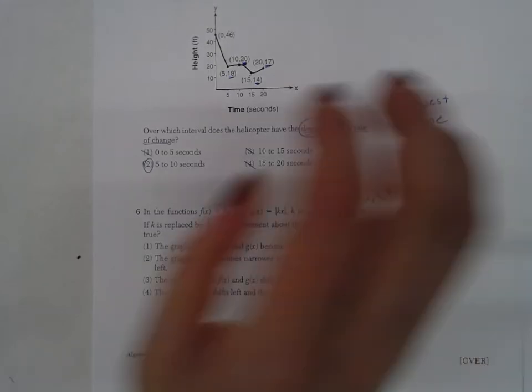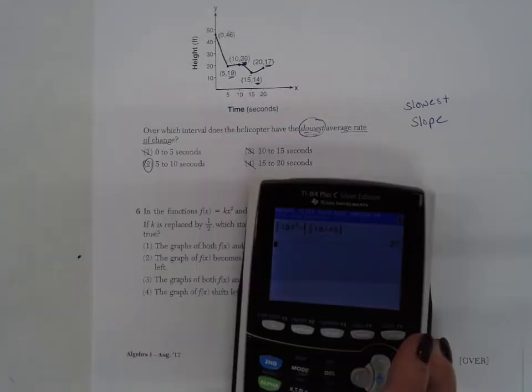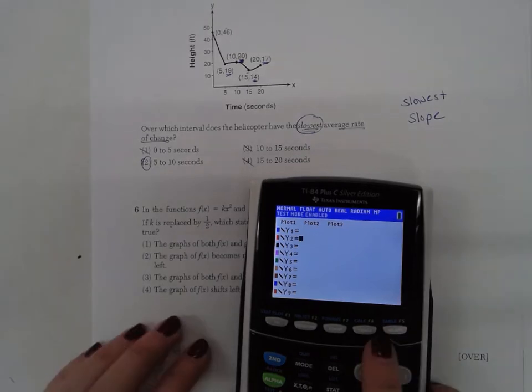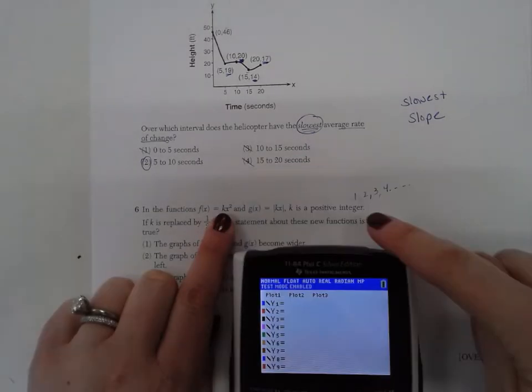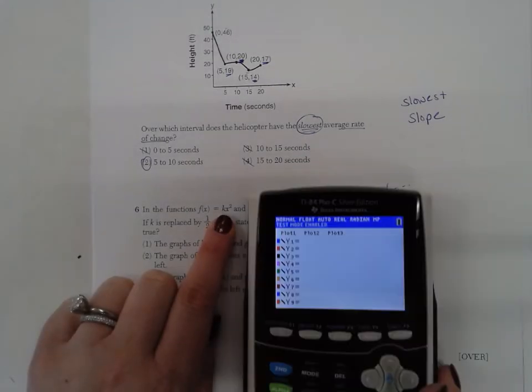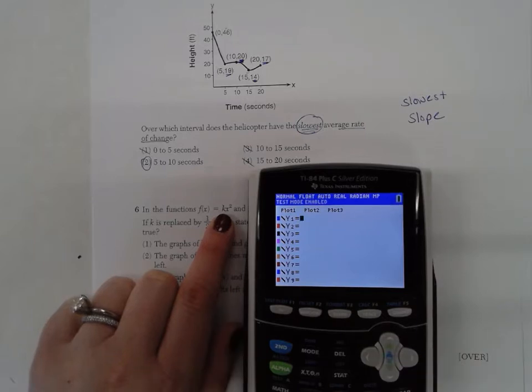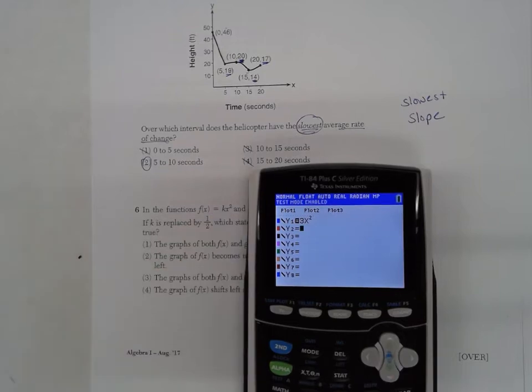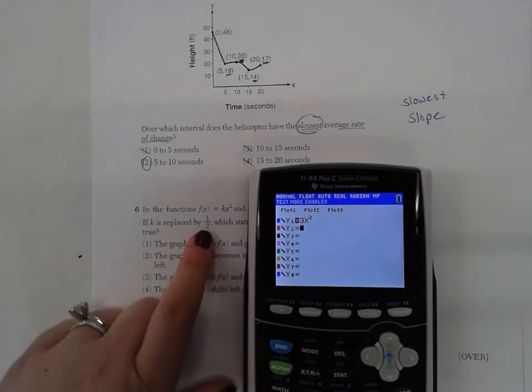So if you think about this, look at the first one. I'm going to go to my calculator. Clear out what I have from the other question. K is a positive integer, so I'm going to type in 3x squared. I'm just putting some random positive integer. Now they're telling me if it's replaced by 1/2, so I'm going to type in 1/2.